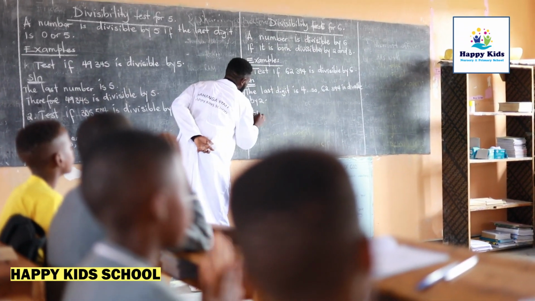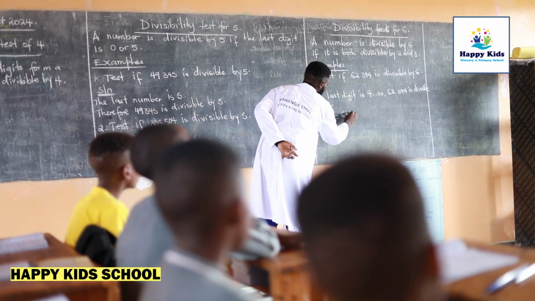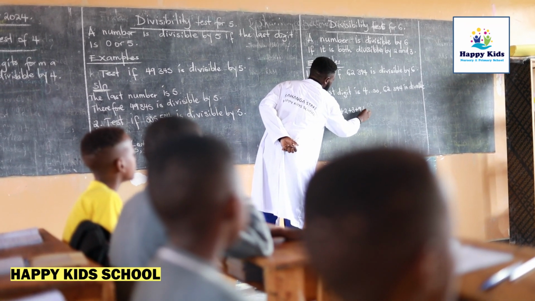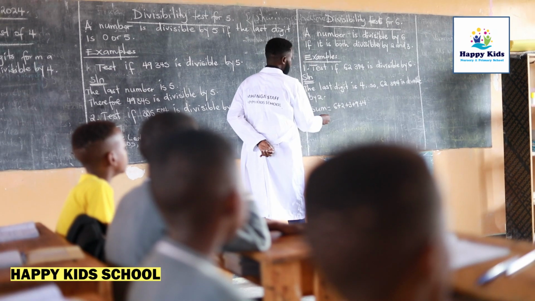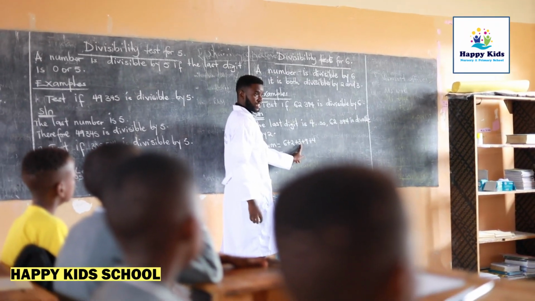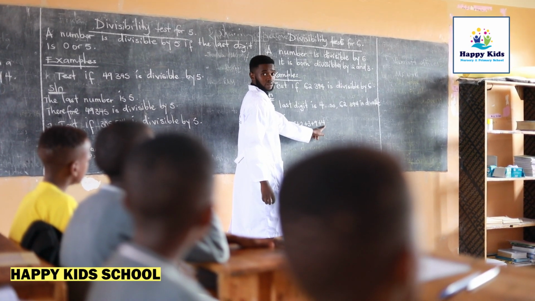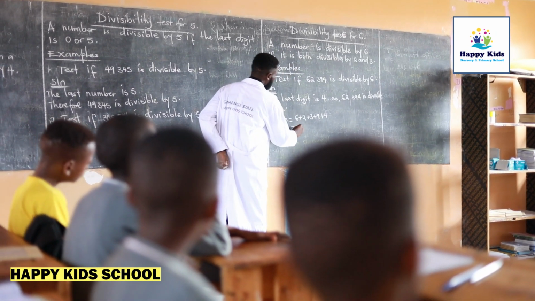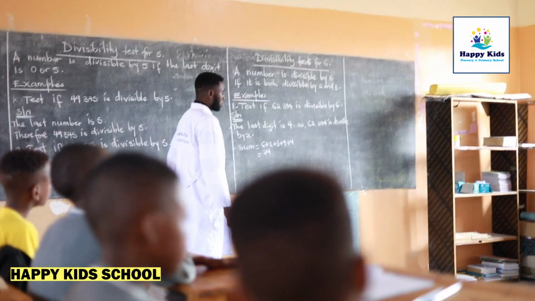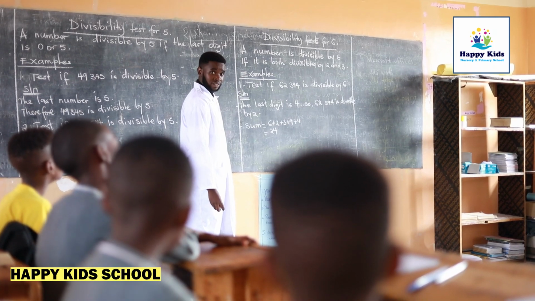So we have the sum: 6 plus 2 plus 3 plus 9 plus 4. When we add them, 6 plus 2 is 8, 8 plus 3 is 11, plus 9 is 20, plus 4 is 24. Is this a multiple of 3? Yes.